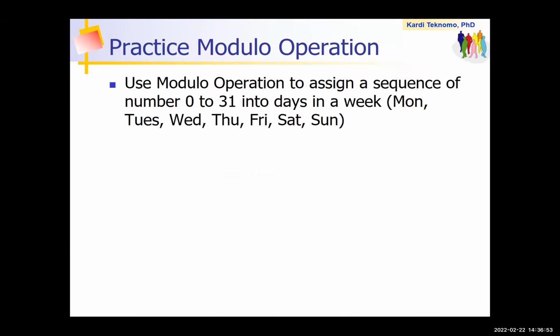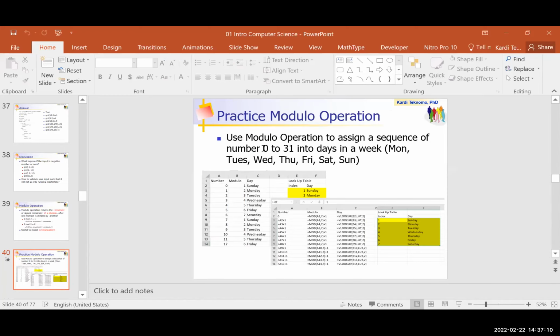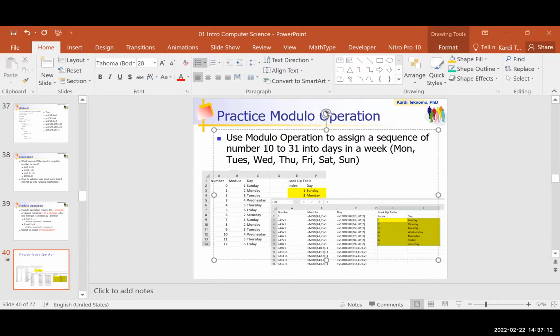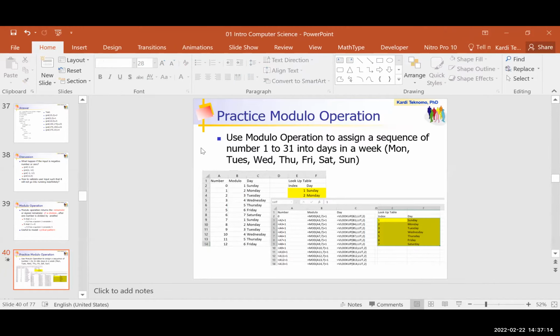Now I want you to create in Excel. You can open Excel and say you have a sequence of numbers, actually from 1, not from 0. Say from 1 to 31. So try to make from 1 to 31.